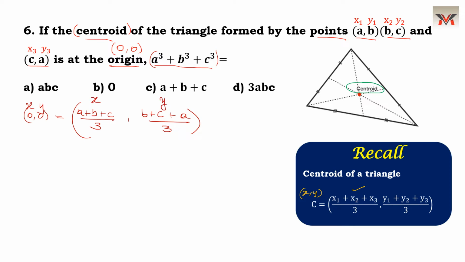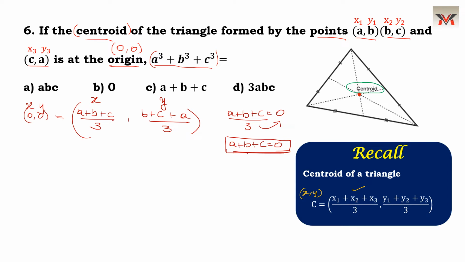If we equate, what will we get? We get a + b + c = 0, because when we take the division by 3 to the other side, it becomes 0. That is a + b + c = 0. This is the same even for y. Now we have got a + b + c = 0.